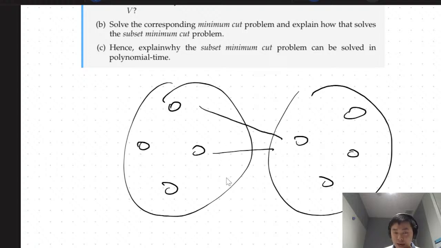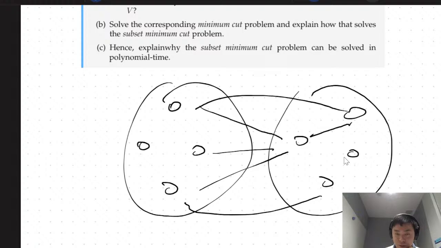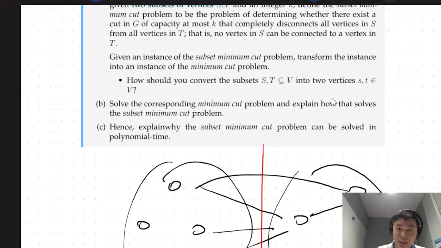For example, one potential cut is just to cut everything here, and this will give you a cut of some capacity. Our goal is to essentially convert this problem into a minimum cut problem.